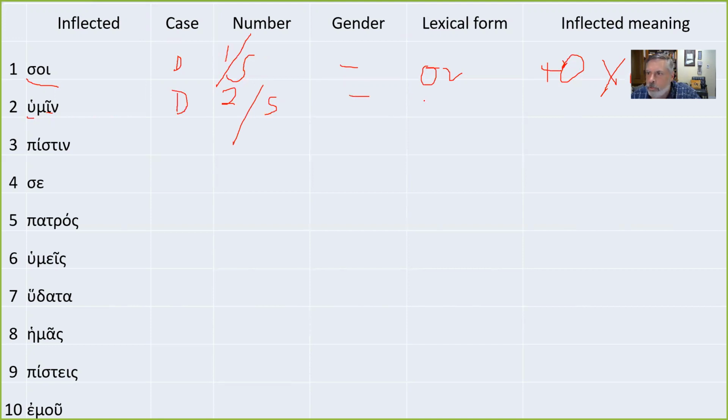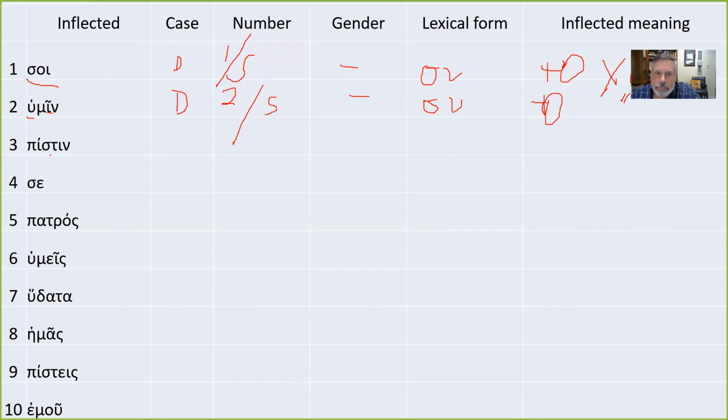And its lexical form is going to be su, because we're dealing with the second person. And the meaning will be to you. Let's do my ditto marks here. Ditto. To you.